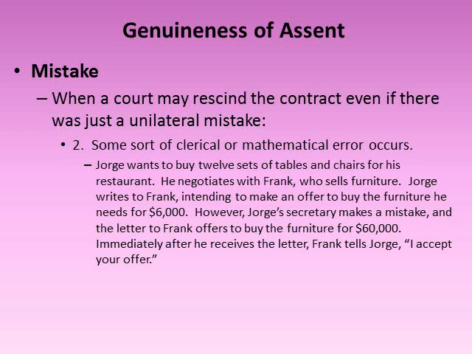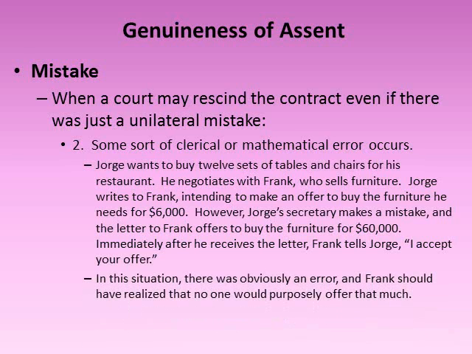Okay, so it looks like we have an offer and an acceptance here, an exchange of consideration, a promise to pay for a promise to sell, all that kind of stuff going on here. But obviously there's been a mistake. In this kind of situation, it was obviously an error because here it's a tenfold difference, 10 times the value that they were talking about earlier.